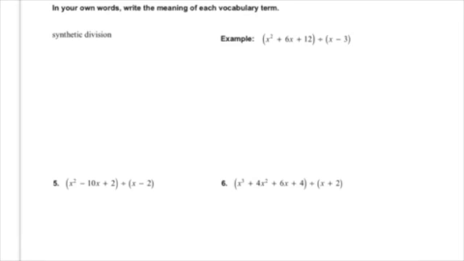Okay, this lesson is on dividing polynomials. Now, there are multiple ways to divide polynomials, and even more complicated ways than we are going to learn in this lesson. There is long division, in which you are dividing by a binomial whose leading coefficient is greater than 1.